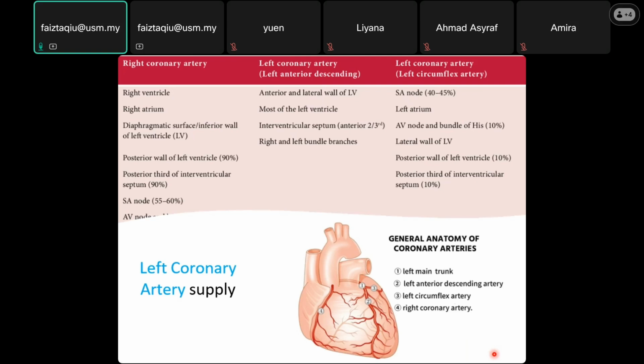Then you said something about the branches of your LAD and circumflex subsequently going into the myocardium, supplying the epicardium and perforating into your myocardium. So what is the significance of you knowing this? The blood flow.